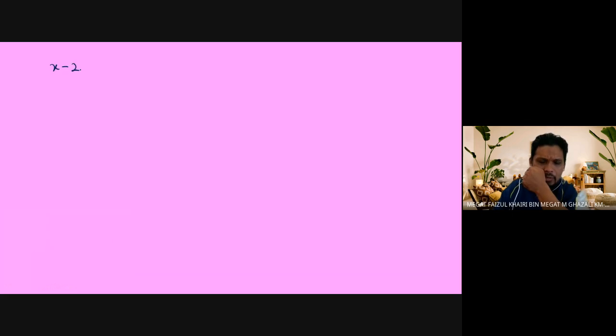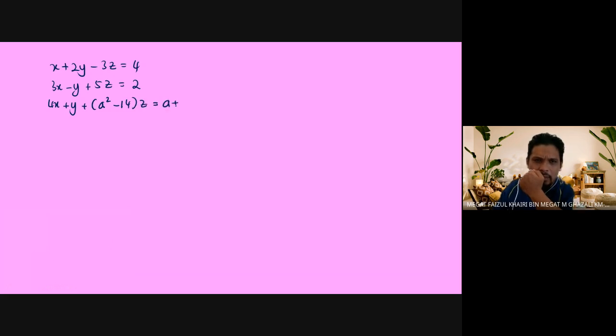x minus 2y plus 2y minus 3z equal to 4, and then 3x minus y plus 5z equal to 2, and then 4x plus y plus a square minus 14 z equal to a plus 2.